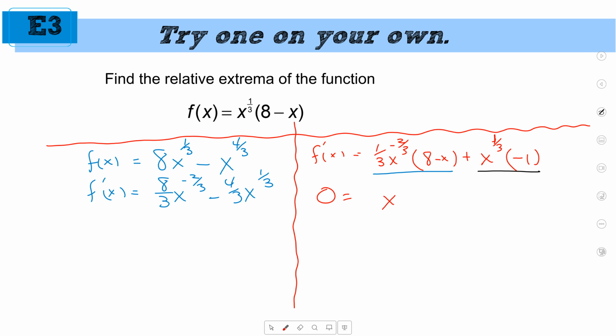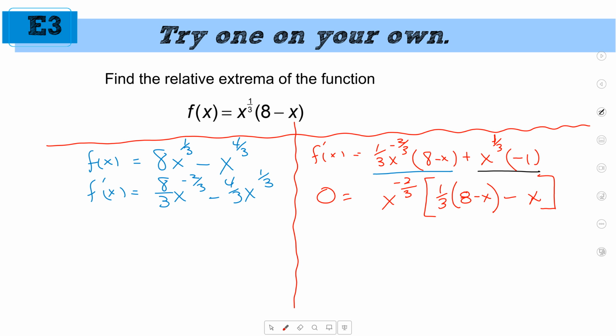What do they have in common? They have an x in common. Do I take the exponent of negative 2/3 or the exponent of 1/3? Negative 2/3. Always take the more negative exponent. What does that leave behind? That leaves a 1/3 times 8 minus x, and it leaves a minus x behind. Where did the minus x come from?